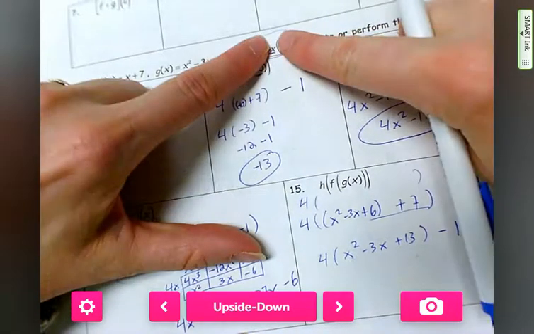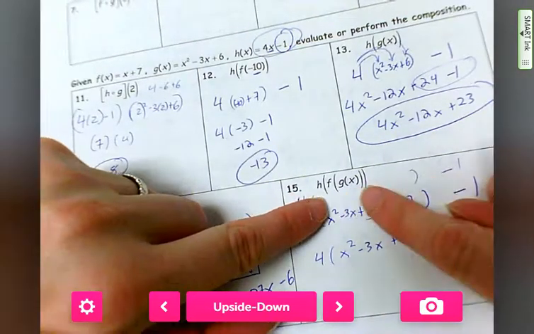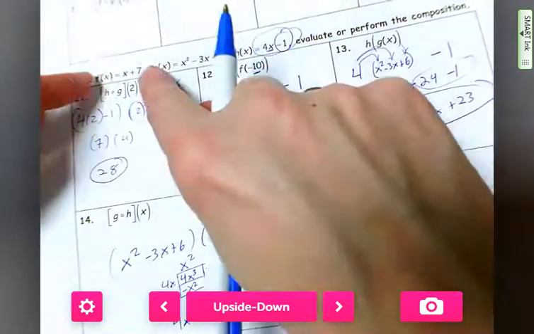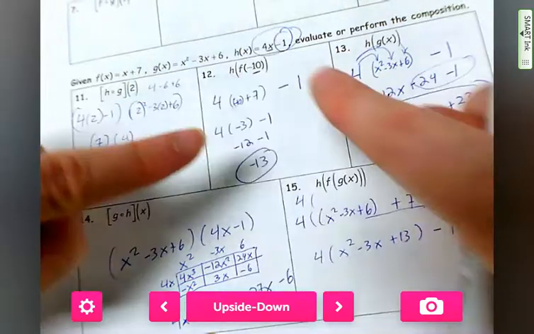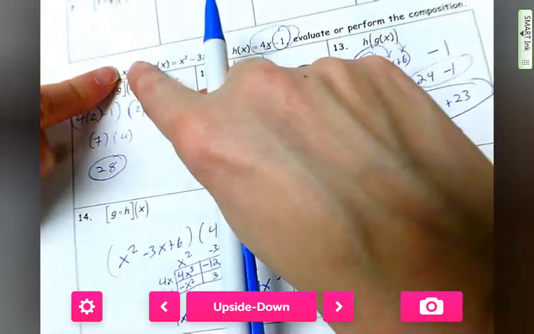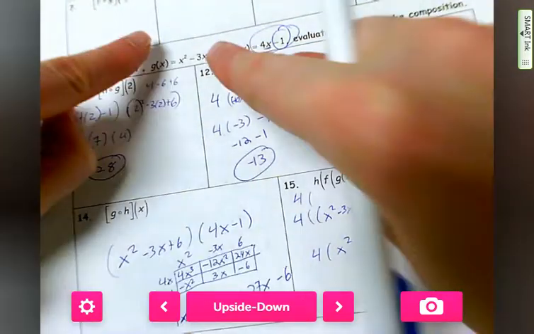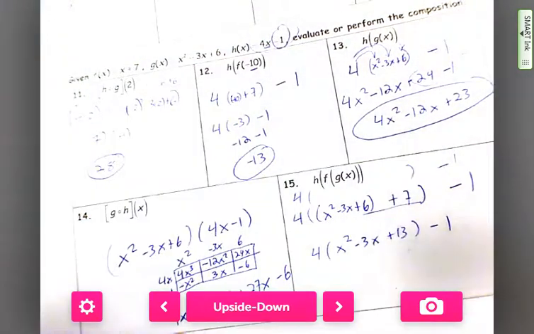See how the x is right there, 4 times x? Instead of putting in x there, I'm going to put what f of x is, which is x plus 7. Okay? And then instead of an x right here, I'm going to put the whole thing of g of x there. Better? Yeah. Okay.